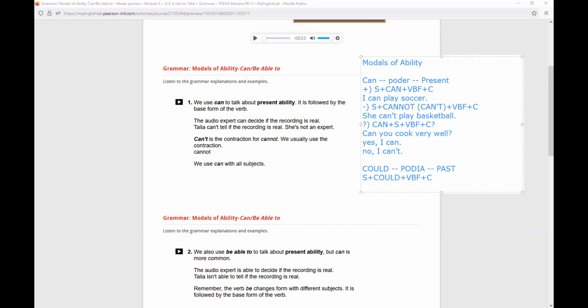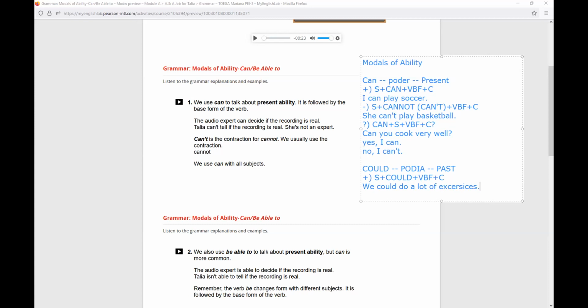This is for affirmative. And we have, for example, in simple past, we could do a lot of exercises. Podíamos hacer muchos ejercicios.